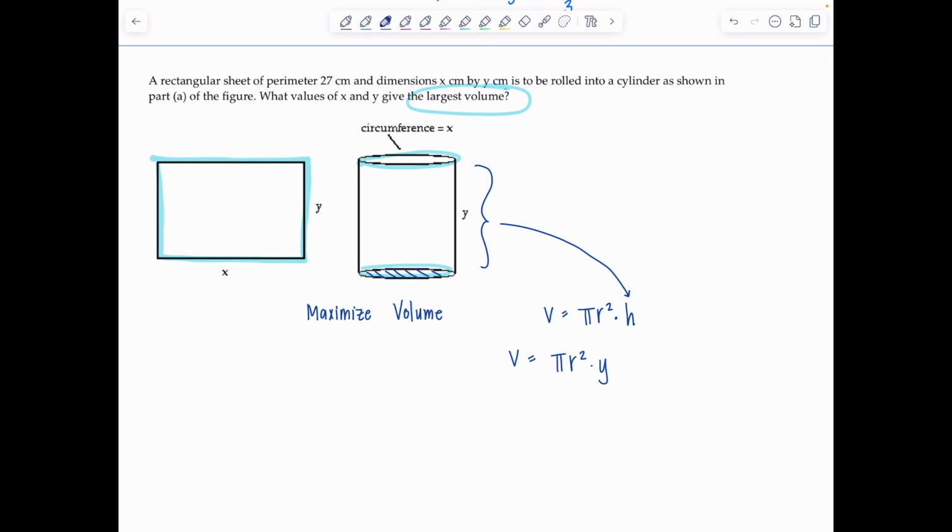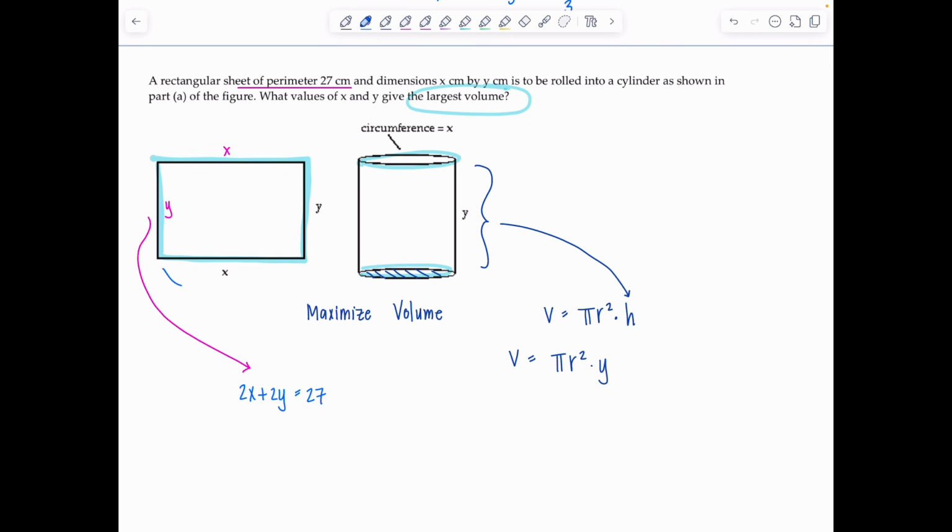And I haven't used the fact that the sheet has perimeter 27 centimeters. So let's see how that's gonna clear things up for us. Perimeter is the sum of the lengths of all of the sides. So this side up here that's not labeled, we know that's gonna be x also, and this is gonna be y also, right? So that means 2x plus 2y is equal to 27. Okay, that looks interesting. And then there's one other thing I haven't used as well, and this one's the sneaky part.